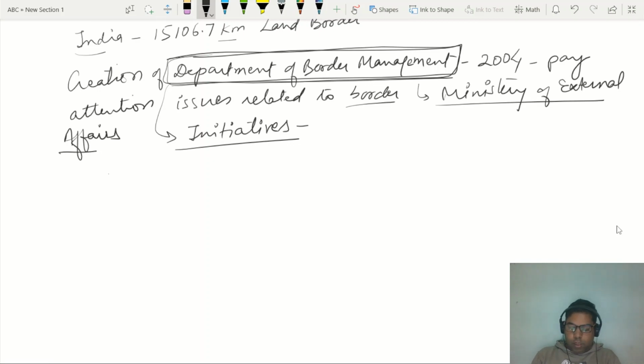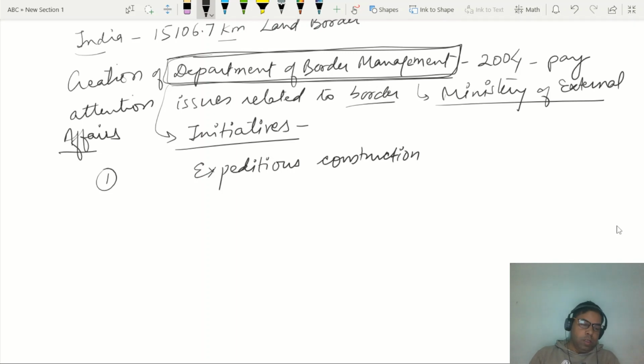So these initiatives are like, number one, expeditious construction of fencing.